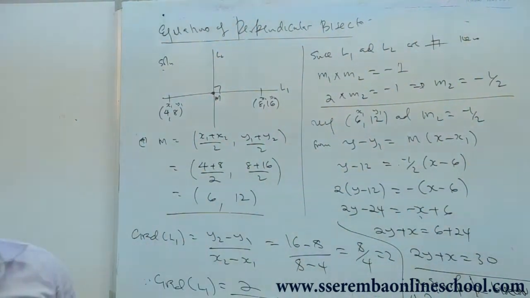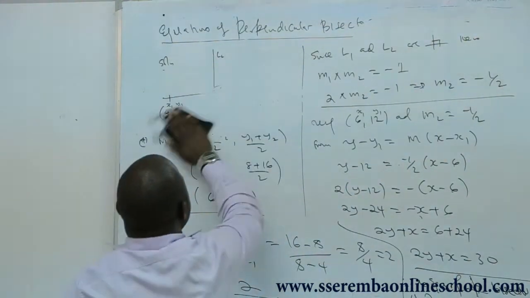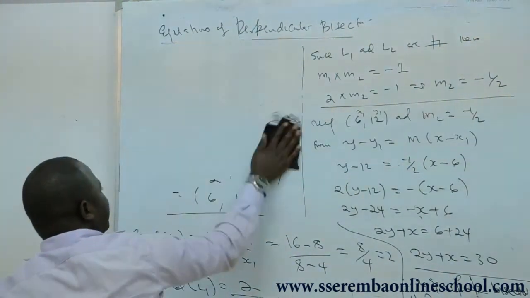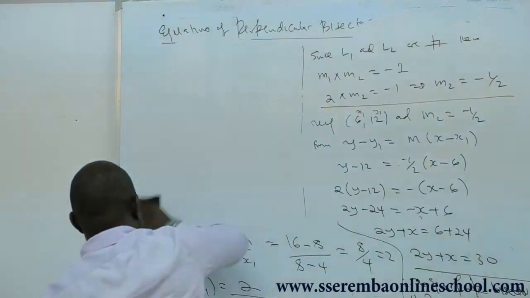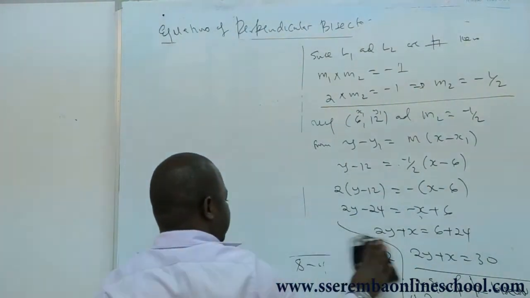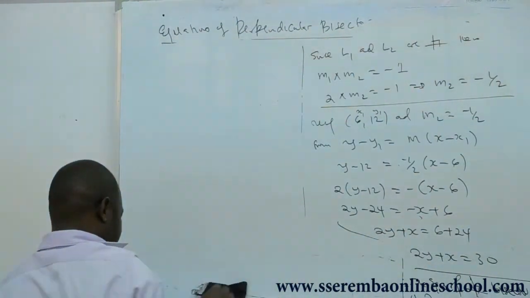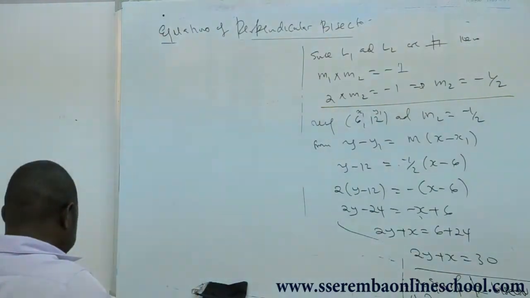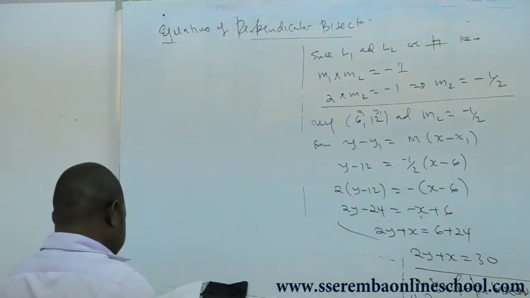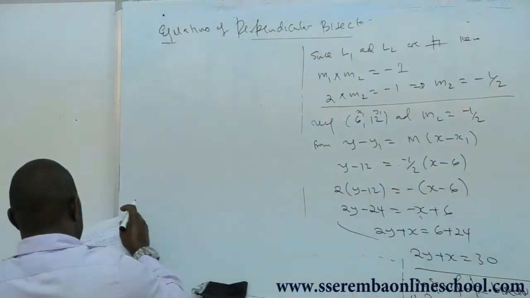Let me give you this for trial, and then you also find the equation of a perpendicular bisector. That's nice. So how does it say? It says, find the equation of a perpendicular bisector.